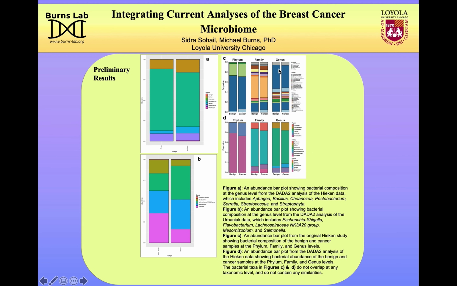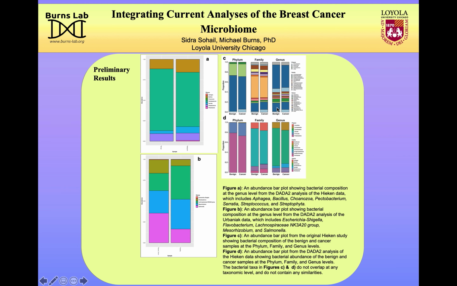And then looking at figures C and D. Figure C is the abundance bar plot from the original Heekin study, showing the bacterial composition of the benign and cancer samples at the phylum, family, and genus levels.